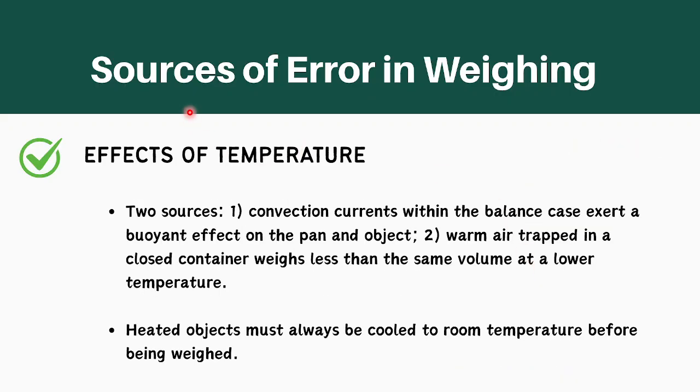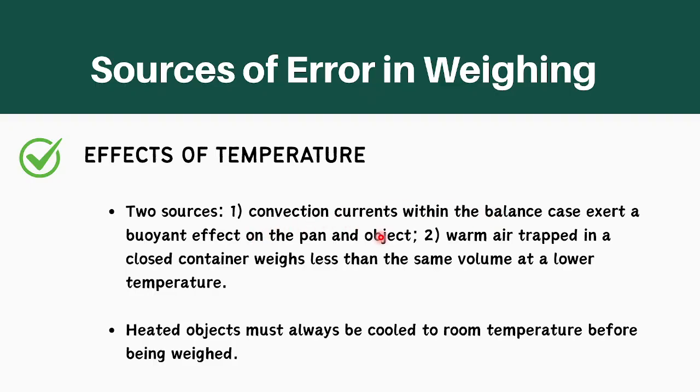The next source of error in weighing is the effects of temperature. And we have here two reasons why temperature is a factor in weighing. First, the convection currents within the balance case exert a buoyant effect on the pan and the object.